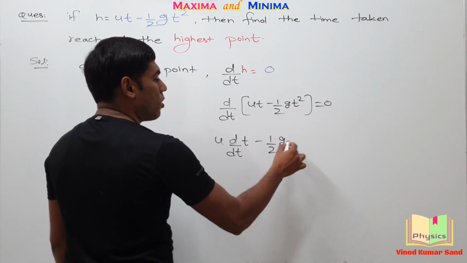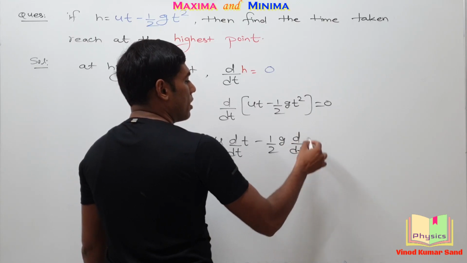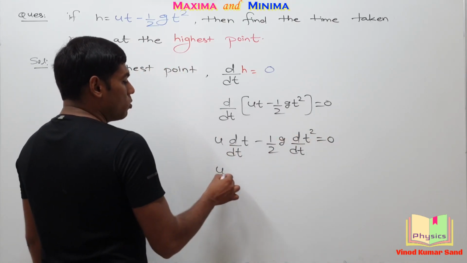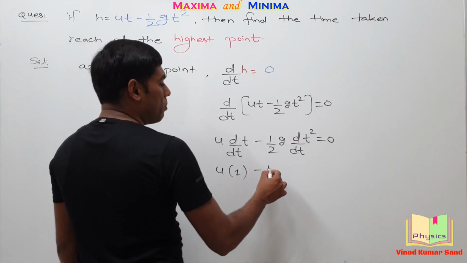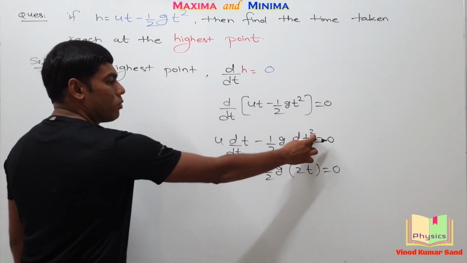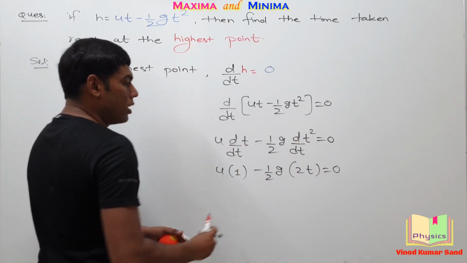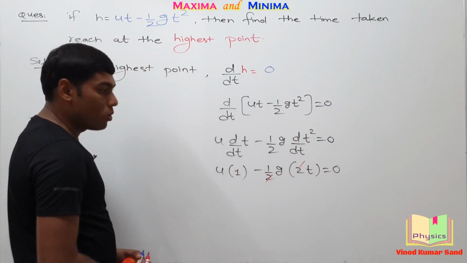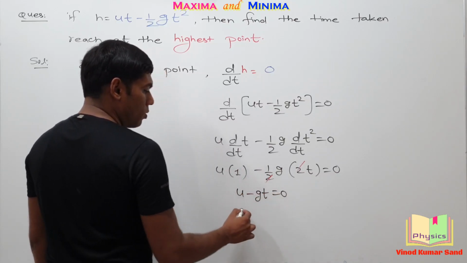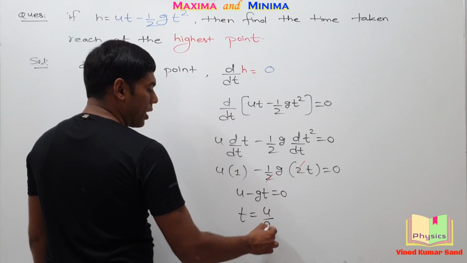Half g is also a constant, so we are taking it outside. I hope you know such kind of differentiations. U into 1 minus half g, and differentiation of t square is 2t. 2 here is getting cancelled out, so you are left with u minus gt is equal to 0 and t will be equal to u by g.